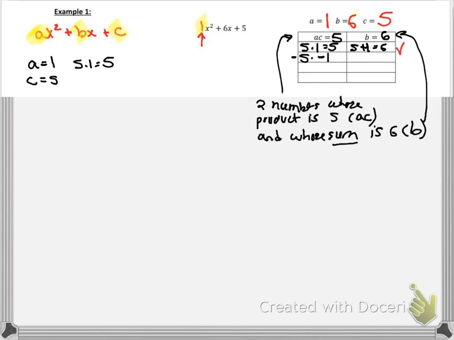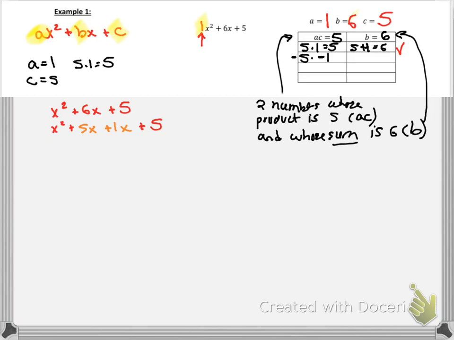Remember our original expression is x squared plus 6x plus 5. What we're going to do is rewrite this 6x as 5x plus 1x.